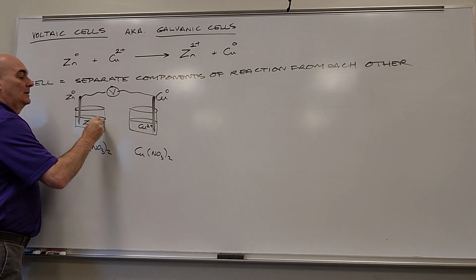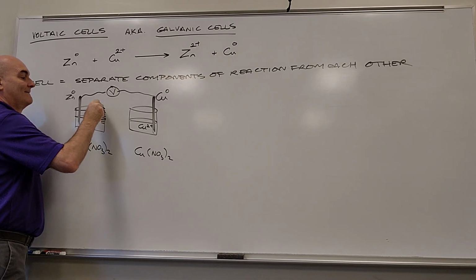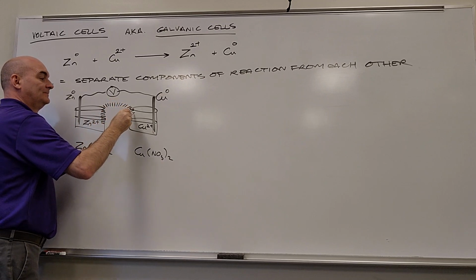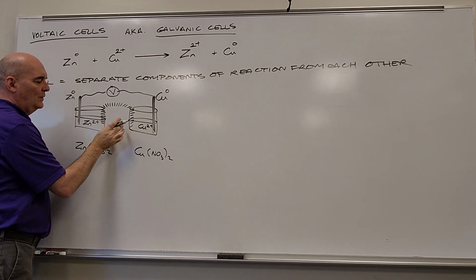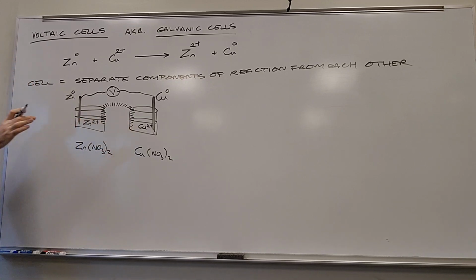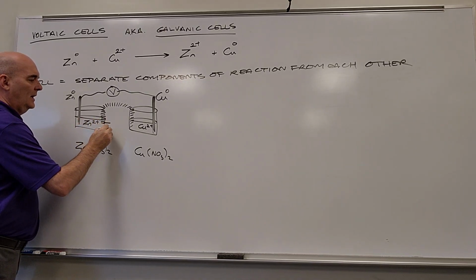That's where your piece of porous paper comes in. In reality, what we would do is we'd have a little sinter. A sinter is porous ceramic, so it would be part of the glass.